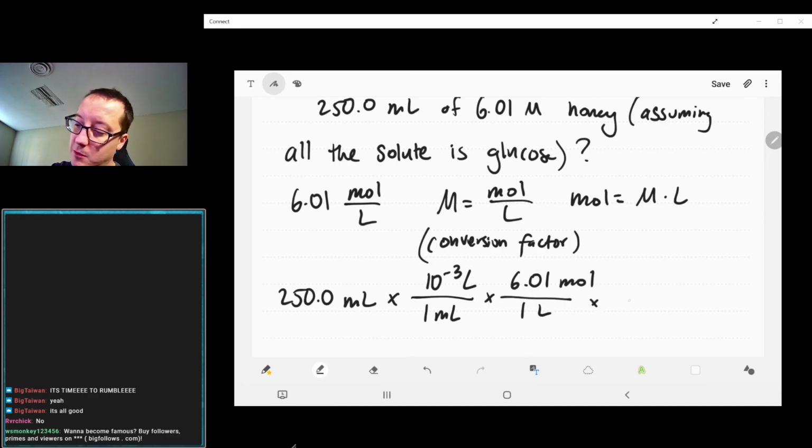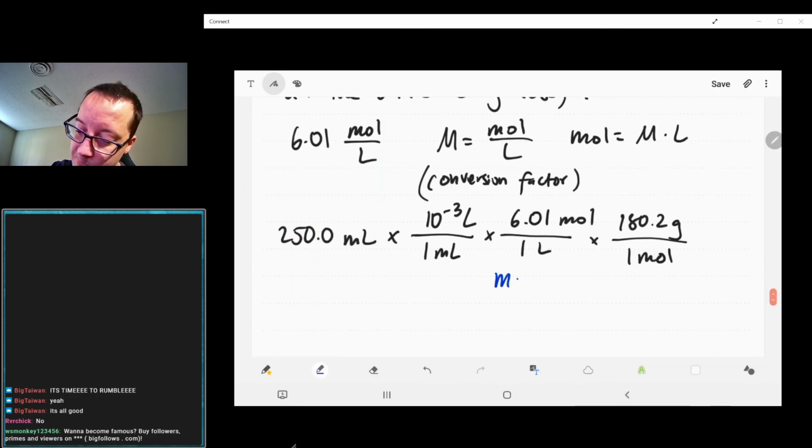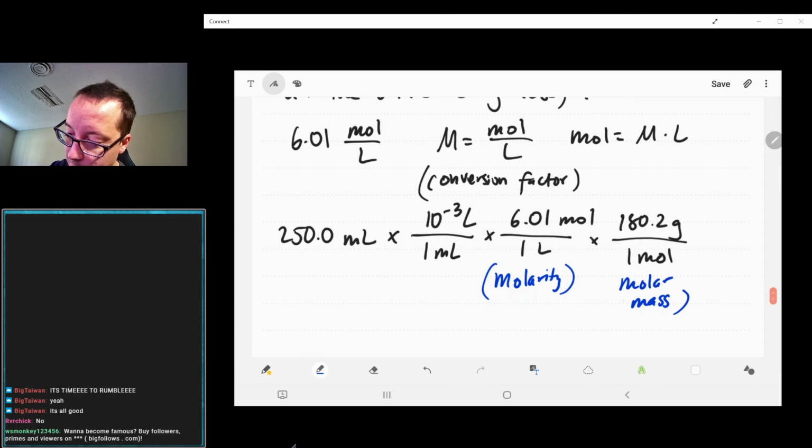And then because it's asking for mass, its molar mass is here. So let me indicate what these are. This was the molarity, and this is the molar mass of glucose. And so we can do this all in one calculation.